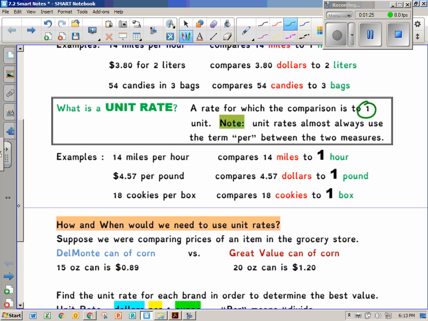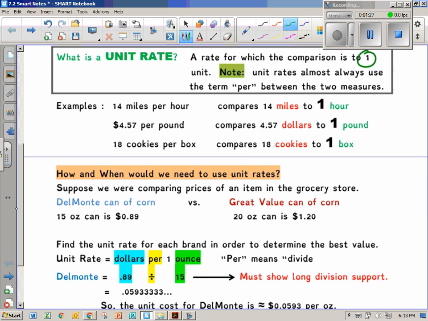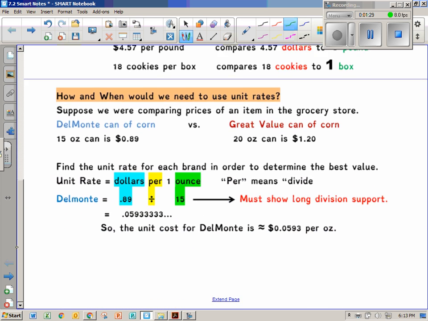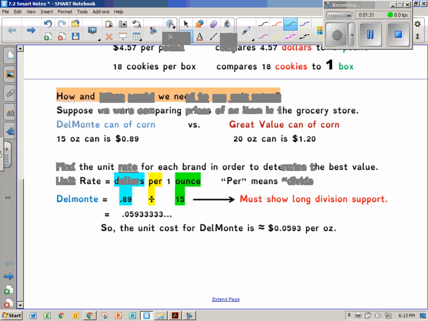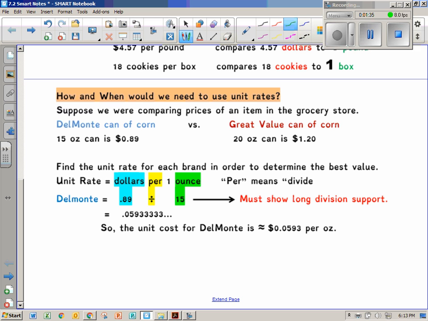So if you wanted to comparison shop and find out what would be the best deal, unit rates are used all the time. In fact, at Kroger, there's a little yellow tag on every shelf under each item, and it actually tells you the unit rate. So it's very easy to compare there and find out which one is the best deal.